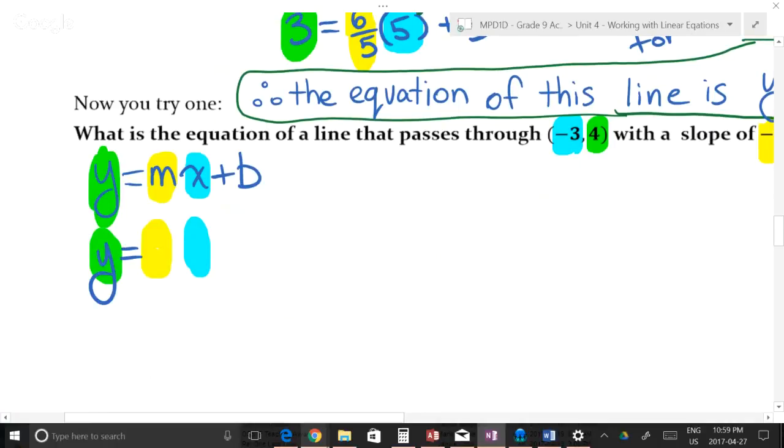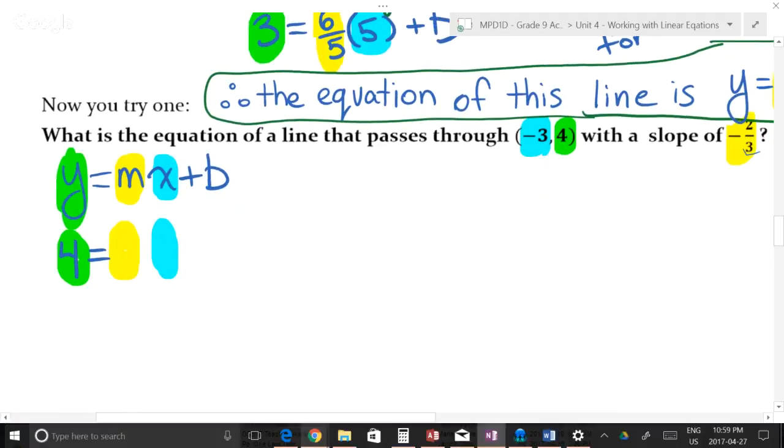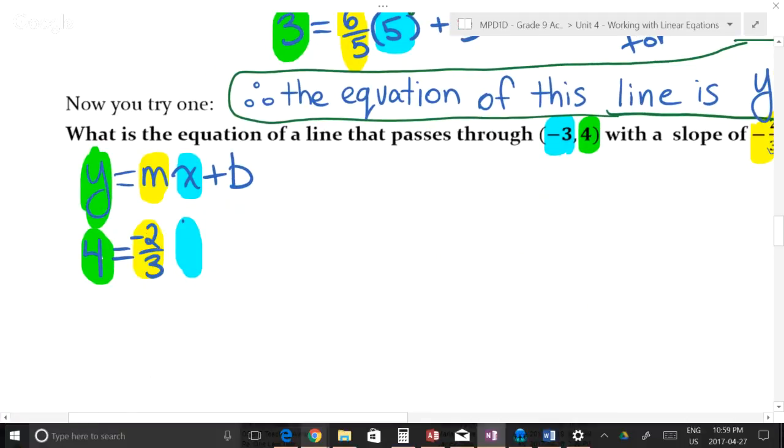So y equals, so far so good. Not y equals, we have a number for this. 4 equals. We are using the point negative 3 comma 4, so the y value that works there is 4. 4 equals negative 2 over 3 times, and we're going to put our x value in, which is negative 3, and then plus b.